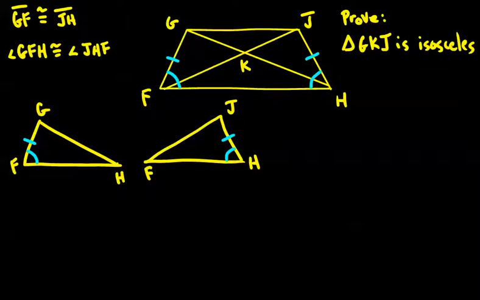Now, one further thing that we can deduce from the picture is that these two triangles have a shared side, which is segment FH. So if I mark that on the original and then mark that on each of the separate diagrams, from that we can now see that these two triangles are congruent by side angle side, or by the side angle side postulate.